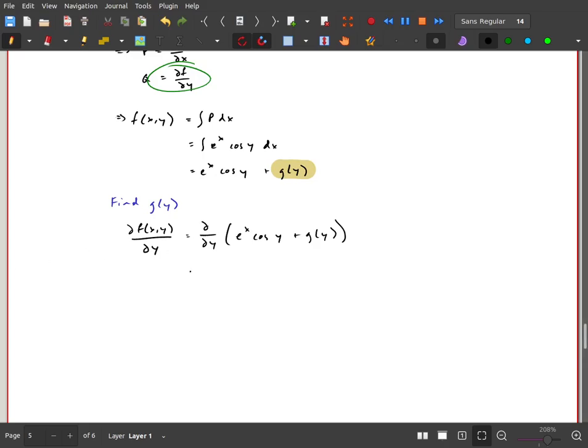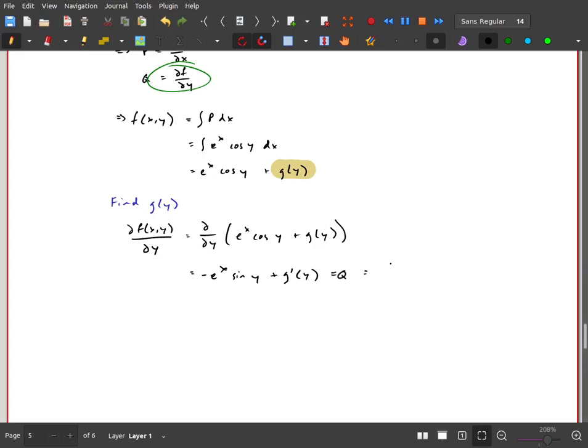Okay, so first let's take our partial derivative. So our partial derivative is minus e to the x, sorry, not cosine, sine of y, plus g prime of y, which is the derivative of g with respect to y. And this must be equal to q.